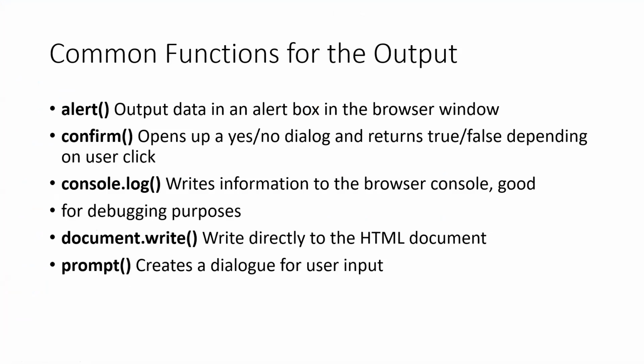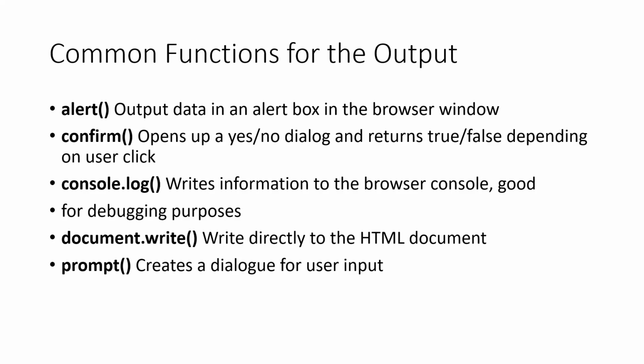Right, now I think we have discussed many things so far, and then we want to look at how you are going to use this. The alert we have already discussed, the output data in an alert box in a browser window, a small box.